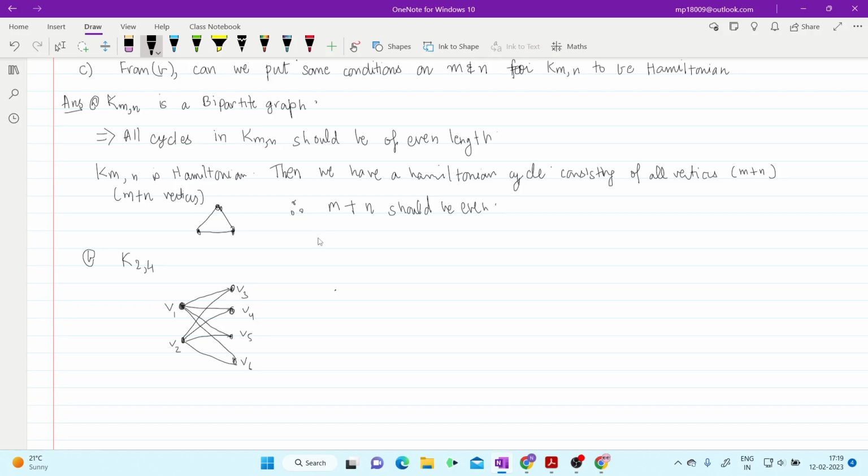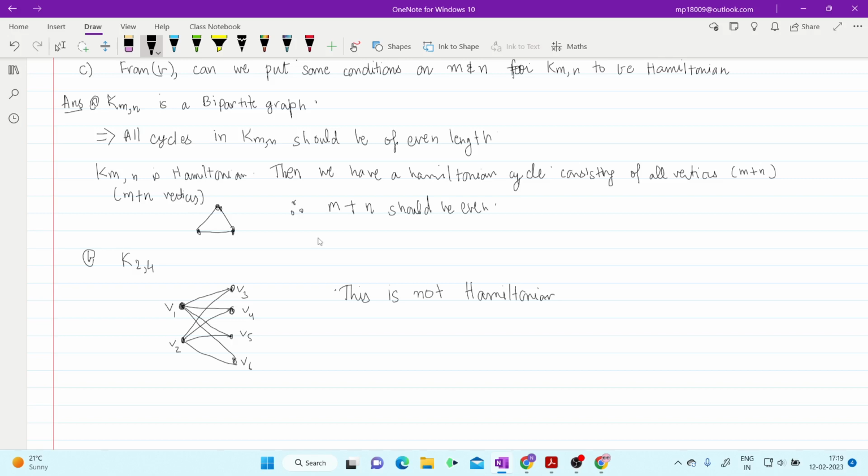But now can you think of a reason why this is not Hamiltonian? Because on the right side we have four vertices, and even if our first vertex is from the set on the right, even if we take all the possible routes, we cannot cover all six vertices without crossing at least one of the two vertices on the left twice. Yes, very good.